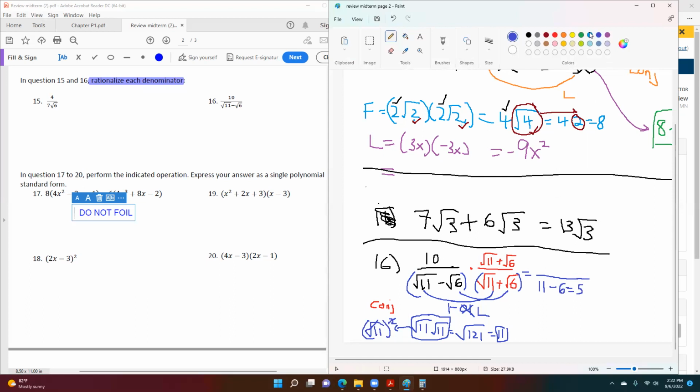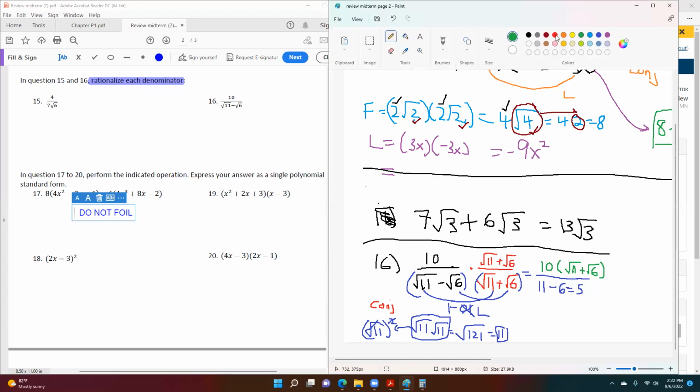Now for the top one, we just write it down as 10 times root 11 plus root 6. You do not need to distribute in. The reason why we don't need to distribute the 10 in is because you notice that your 5 and the 10 here can be reduced.